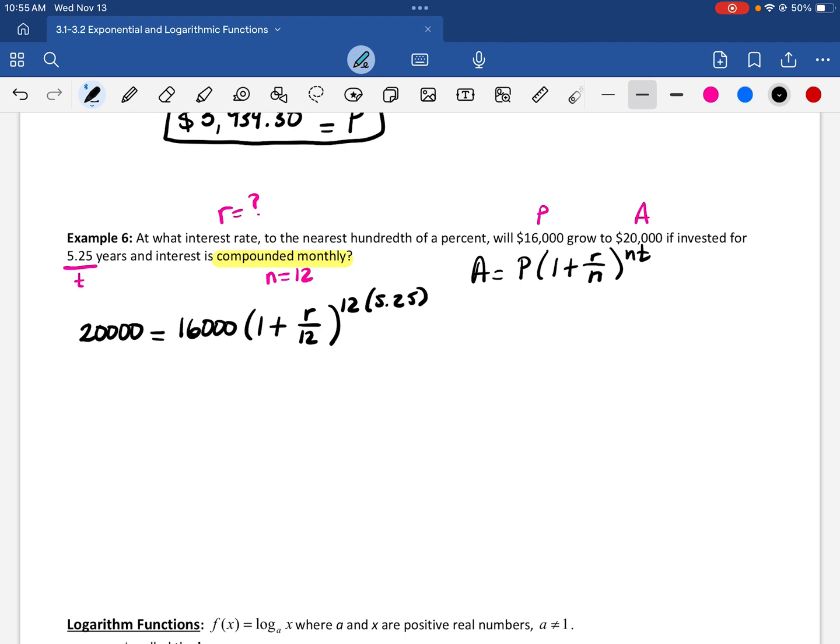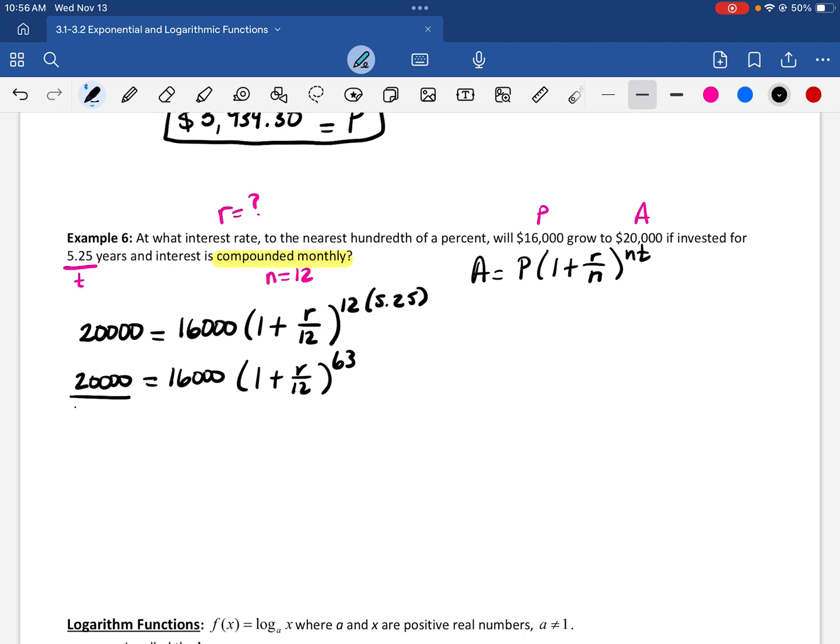Okay, and we're ultimately trying to solve this for R. So first thing I'm going to do is simplify that exponent. So 12 times 5.25 is 63.